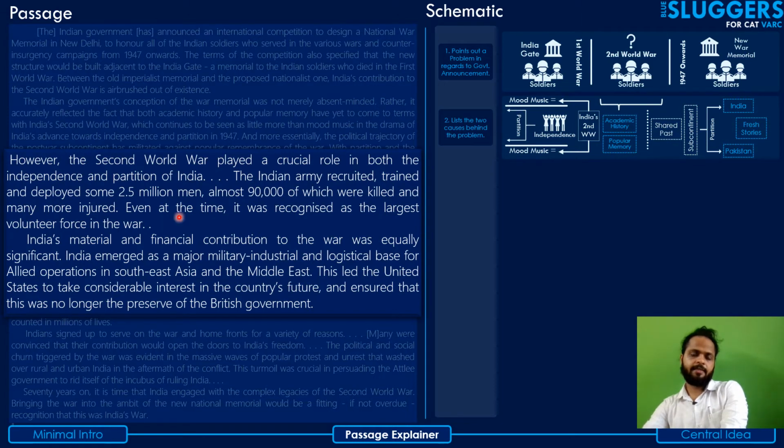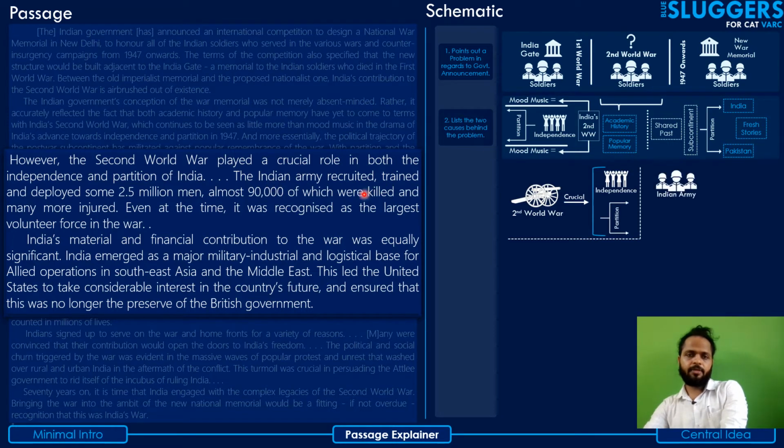Okay, so in the next set of paragraphs, the author says, however, the Second World War played a crucial role in both the independence and partition of India. The Indian Army recruited, trained, and deployed some 2.5 million men, almost 90,000 of which were killed, and many more injured. Even at the time, it was recognized as the largest volunteer force in the war.